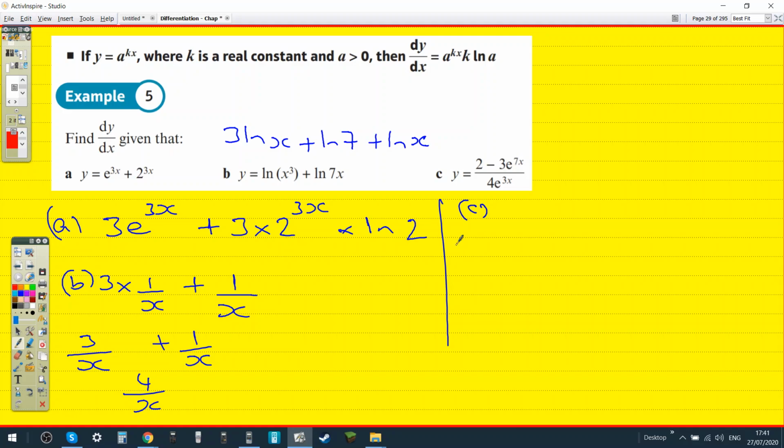And then the other one would be the differential 3e to the 7x. Hang on. I have a better idea. 2 over 4e to the 3x minus 3e to the 7x. Yeah.